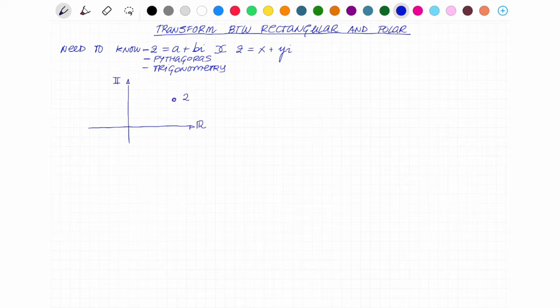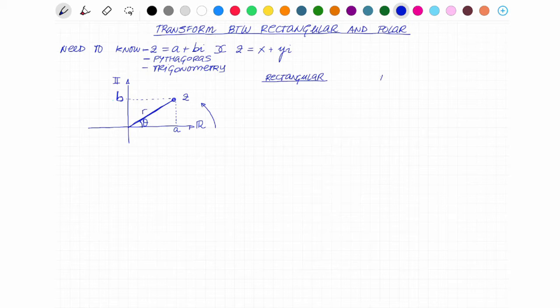They have a real part and an imaginary part. So any complex number is going to have a real part that we call A and an imaginary part that we call B. But at the same time, because this is a vector here that has a modulus and an angle over the horizontal, what that leaves me is actually two ways of referring to the same complex number.